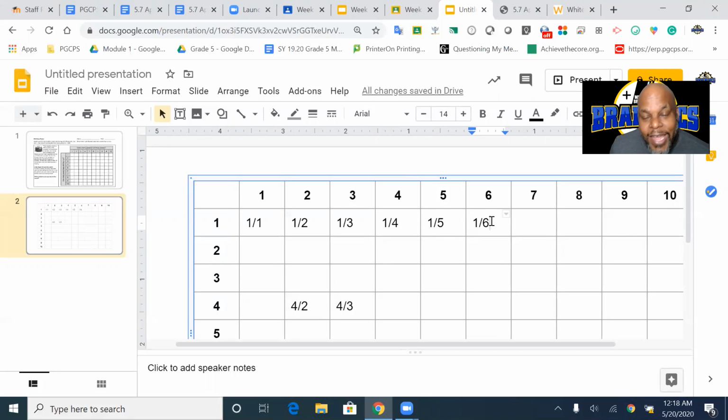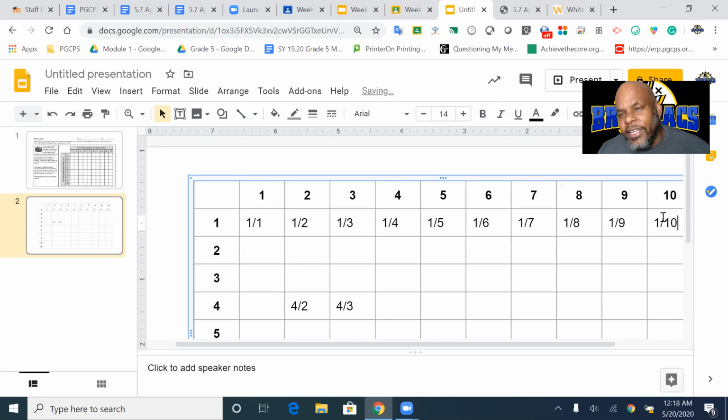Remember, it's candy bar divided by people. 1 candy bar divided by 7 people, 8 people, 9 people, and then 1 candy bar divided by 10 people. That would be either very small slices or a very big candy bar.